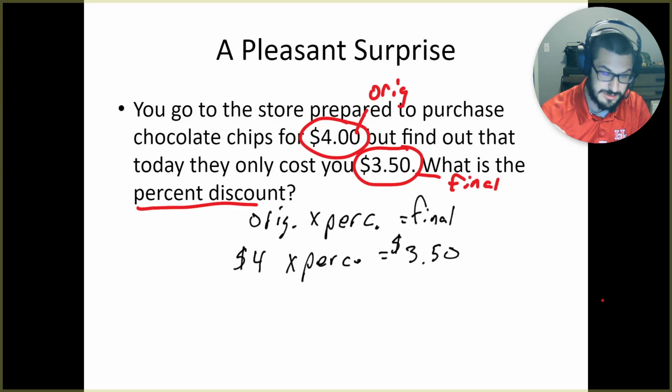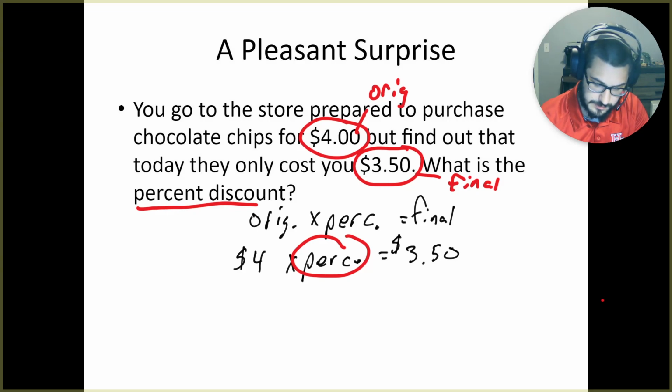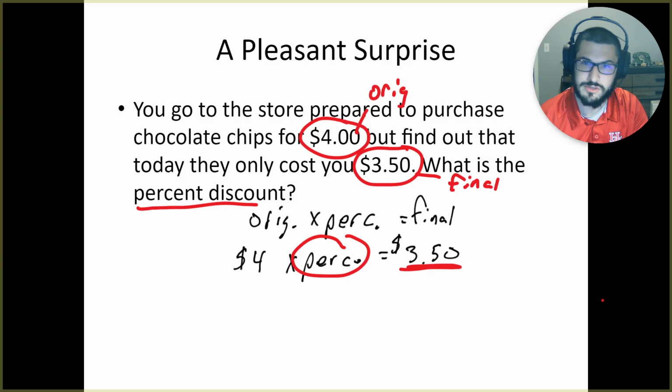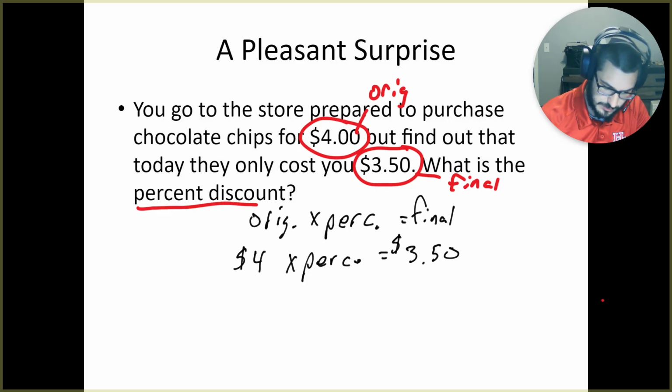Now, it's going to be a little bit tricky because when I find this percent, this is probably the trickiest type of problem that you'll see. But when I find that percent, it's going to be the percent that this final is. So I'll have to find the difference of that. Okay.